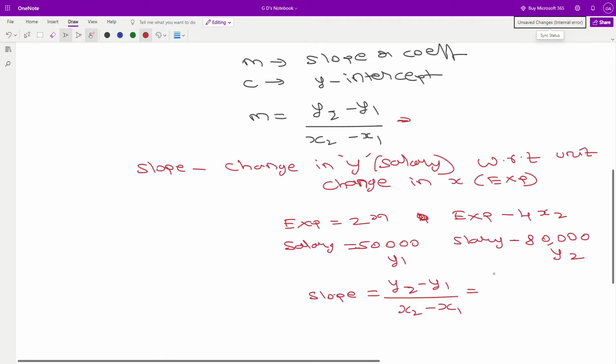If I just calculate this, it will be 30,000 divided by 4 minus 2, which will be around 15,000.